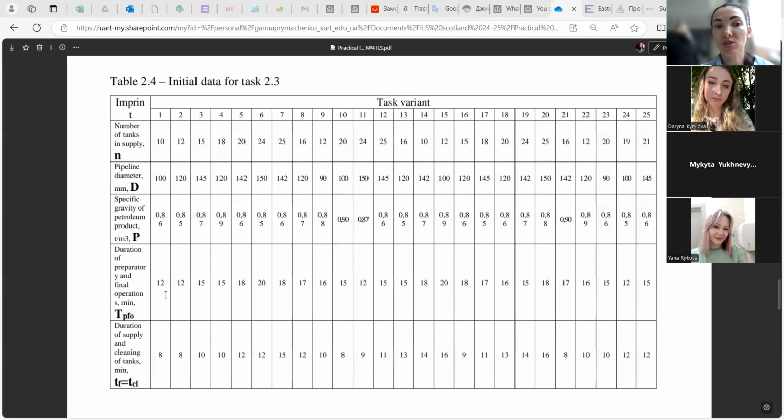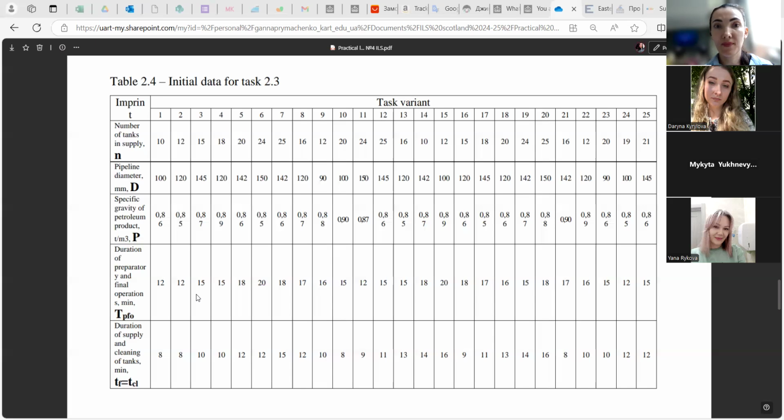For the second variant, it is also 12. For the third variant, 15 minutes. And find this information for your variant, please. And that is all for our formula 3. Write is equal to, and solve it, please. The result will be in minutes. How many minutes do we need for preparatory and final operations? Please find it.